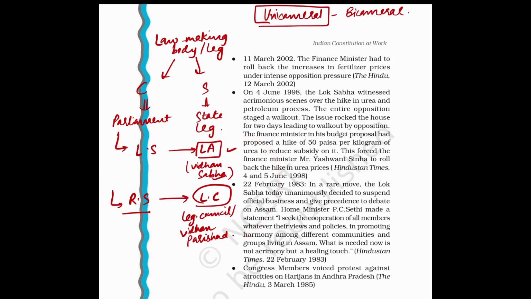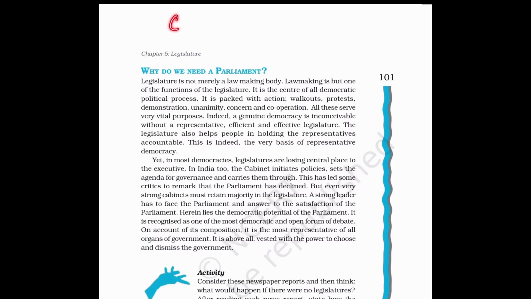Okay. The next concept that you need to understand is that in the previous set of videos, we have done the topic of election, right? And you know how election takes place. You know that the country is divided into constituencies.